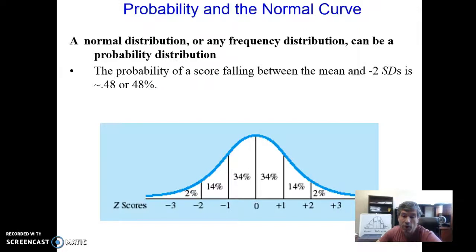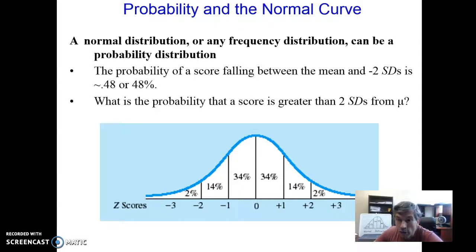That's the frequency of that score. 48% of the population is in that range, which also means that it's the probability of drawing a score from that range at random. If I pulled a score at random out of this population, there would be a 48% chance it would be between a z-score of 0 and -2. And the same 48% chance, because it's symmetrical, between 0 and +2.